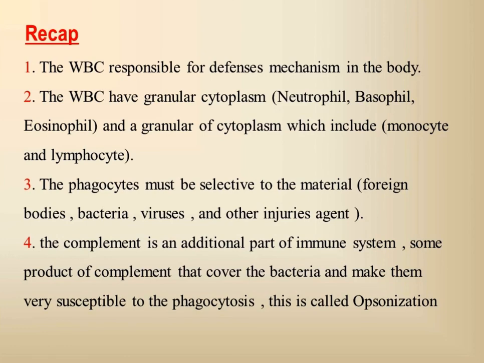Also, the phagocytes must be selective to the material, meaning selective to foreign bodies, bacteria, viruses and other injurious agents. The complement is an additional part of the immune system, producing a complement that covers the bacteria and makes them very susceptible to phagocytosis. This process is called opsonization.